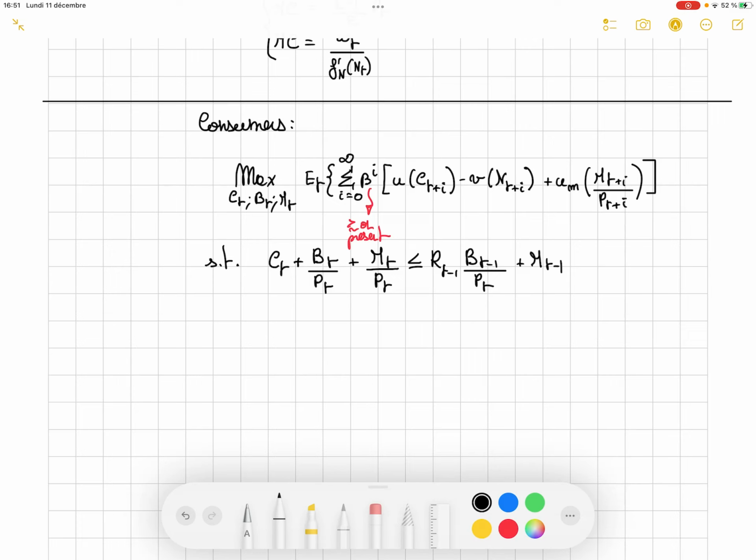Plus the amount of money that we had at the previous period, because we still have this money and one can still use it, right? Divided by PT still. Plus the wage that you obtain, that is the amount of labor that we decided to have multiplied by our wage, expressed in real terms.